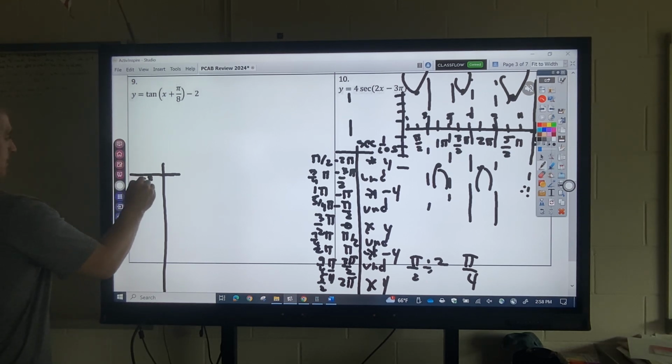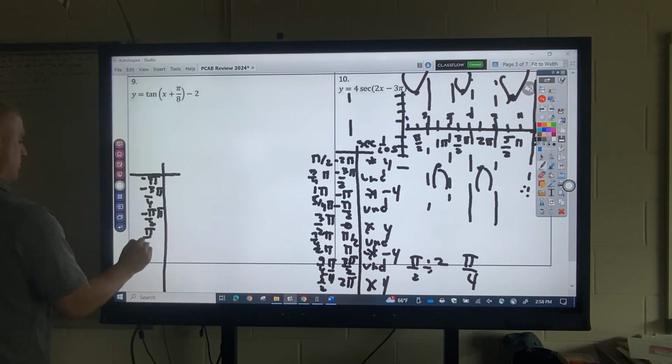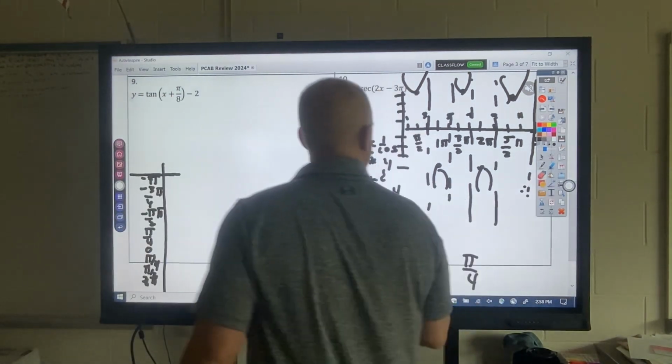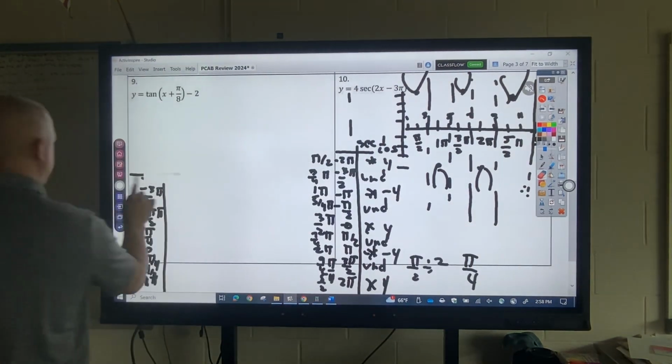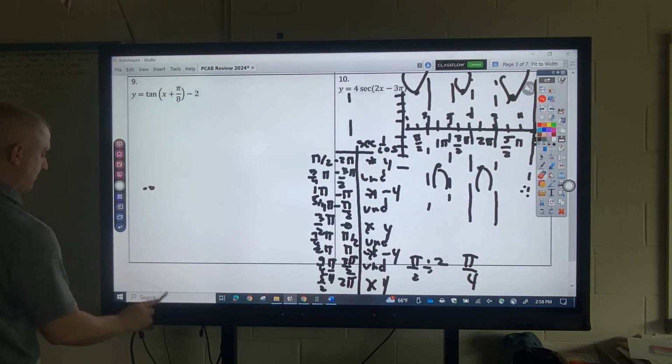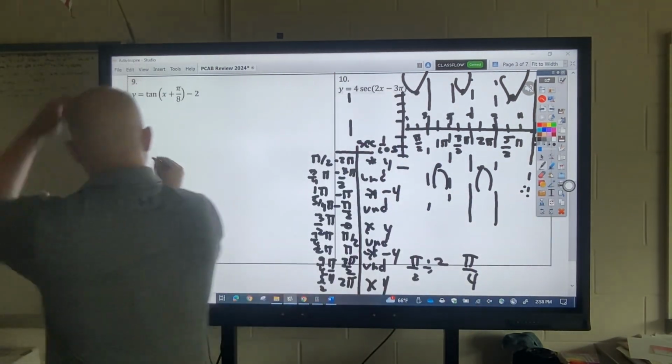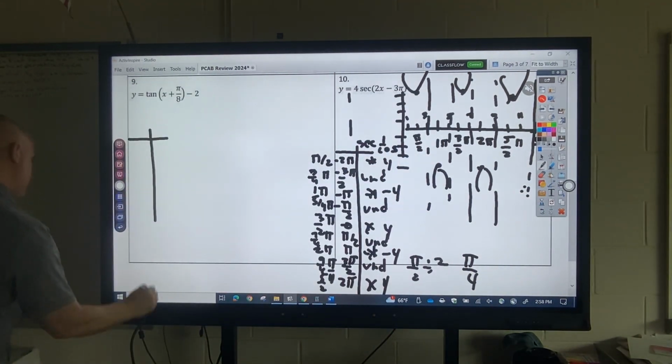I've got negative pi, -3/4 pi, -pi/2, -pi/4, 0, pi/4, pi/2, 3 pi/4, and 1 pi. I'm sorry. This pen being so thick, it's hard to gauge how far you have to make your table.